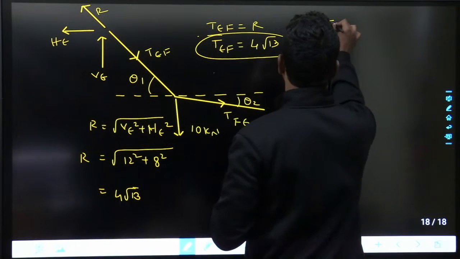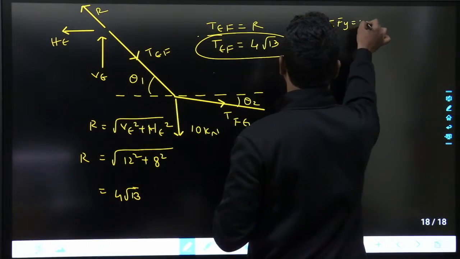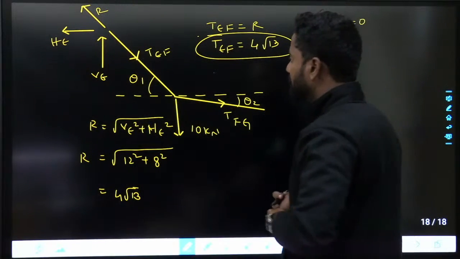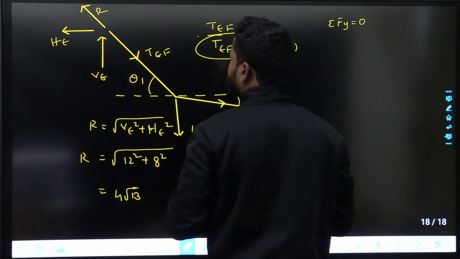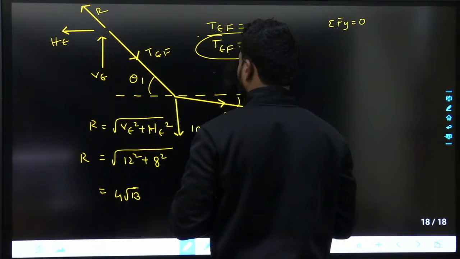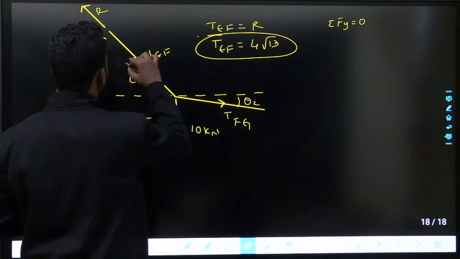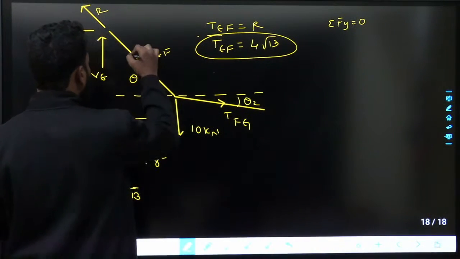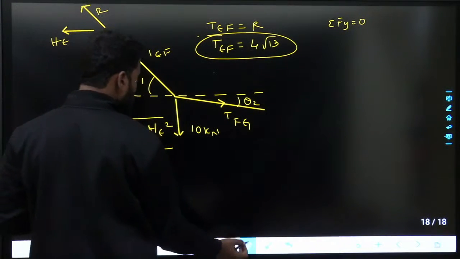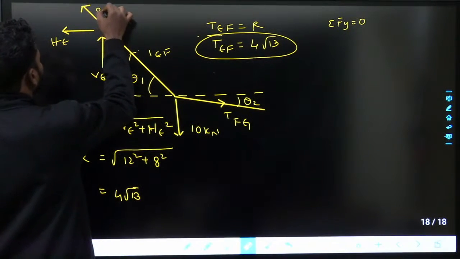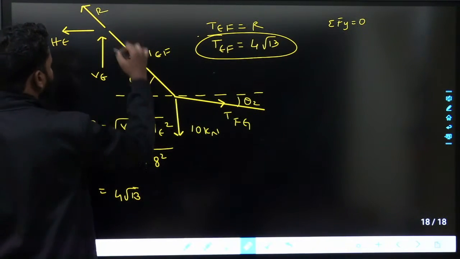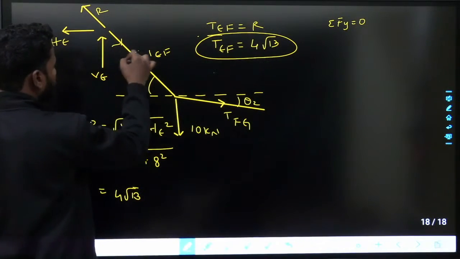So if I take summation of forces, what will I get? This will be like this only, because it is always tension, and here it would be away, like this.